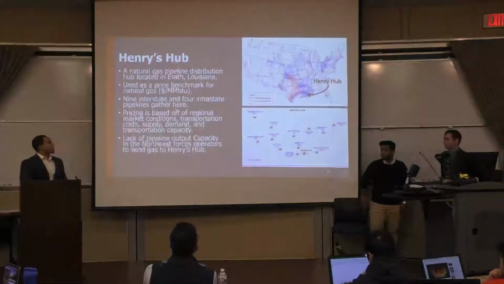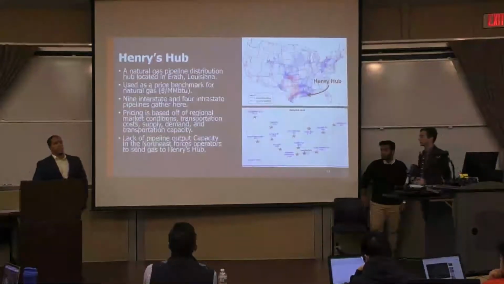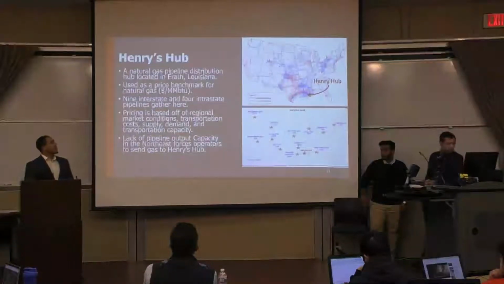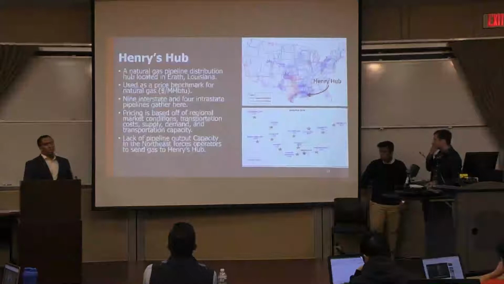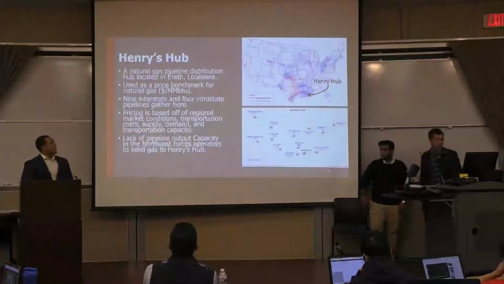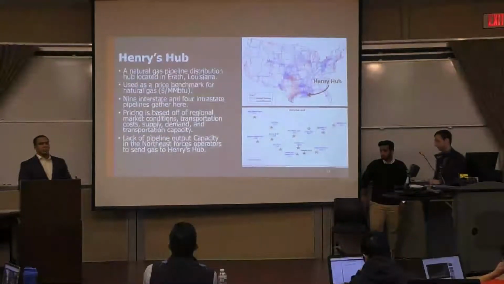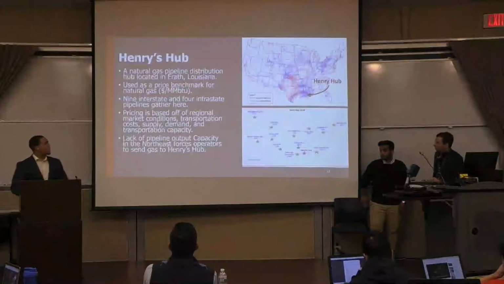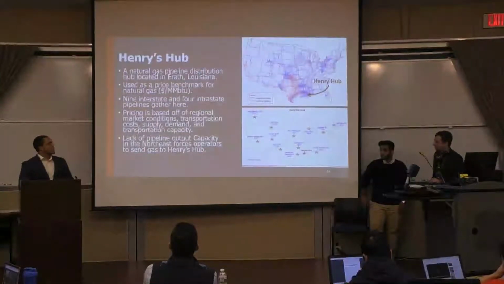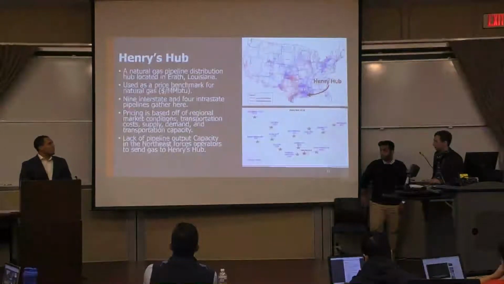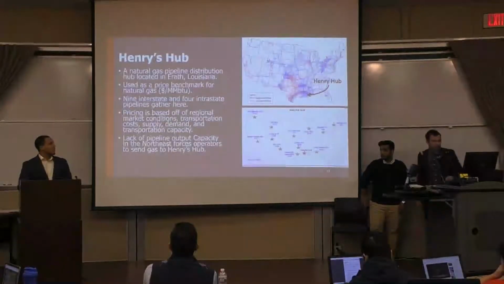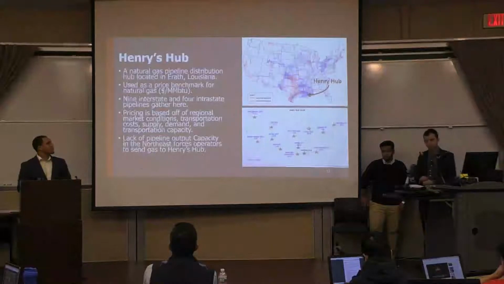Now moving on to Henry Hub. This is a natural gas pipeline distribution hub located in Erath, on the coast of Louisiana, in a high pipeline activity area. This hub sets the base price, basically the price benchmark for the rest of the United States. According to the case down here on the bottom right, taken in 2012, the price flux throughout the United States was about 50 cents per million BTUs.